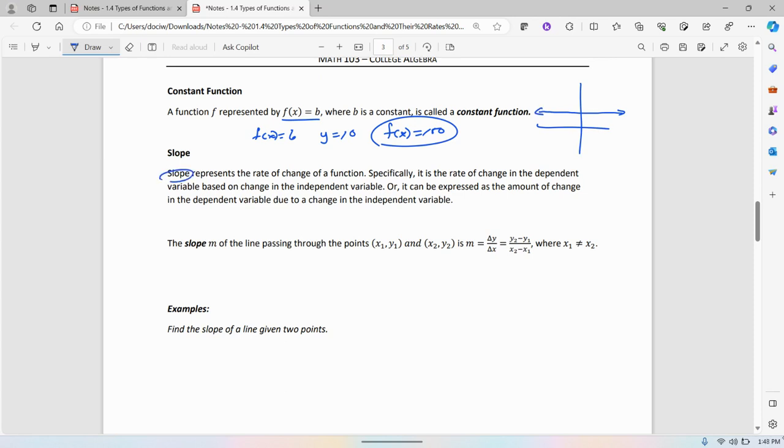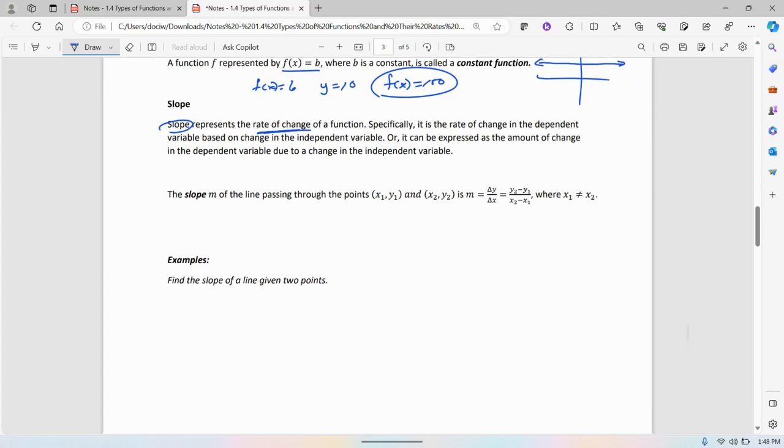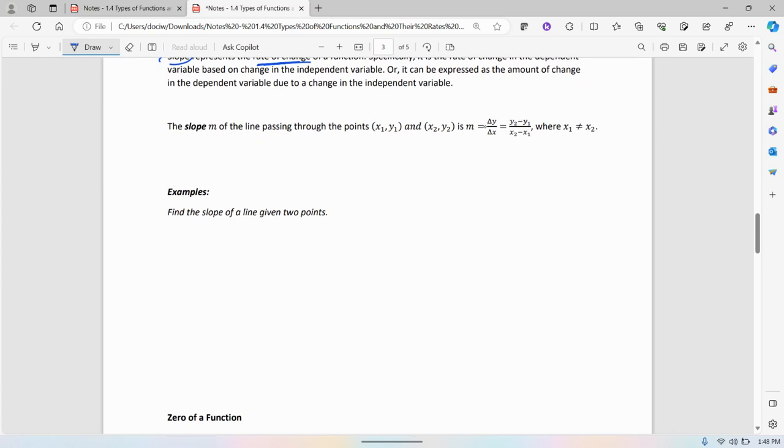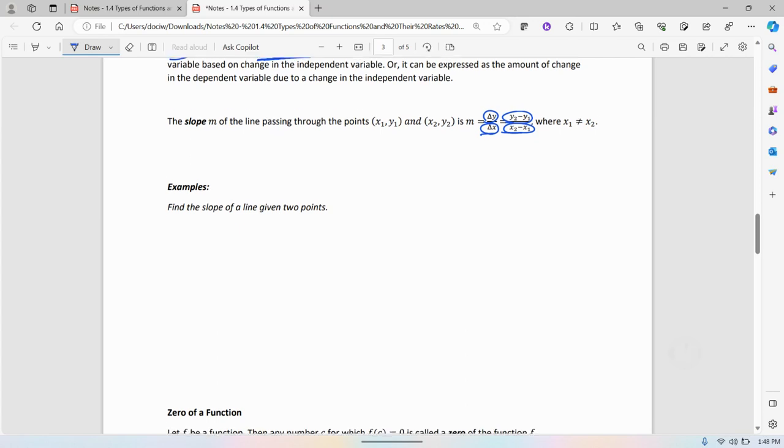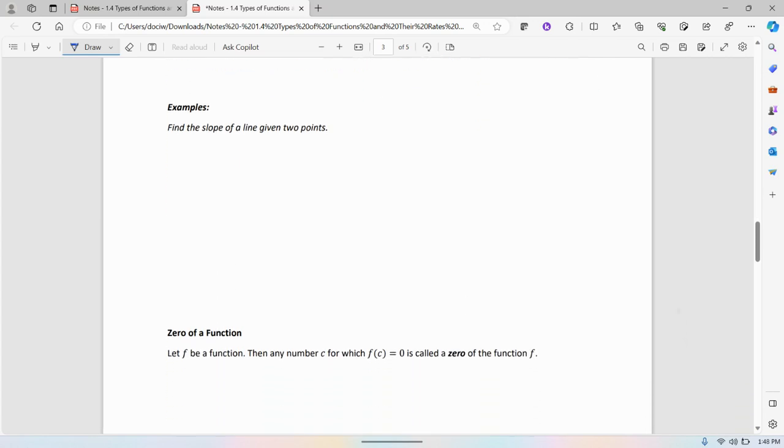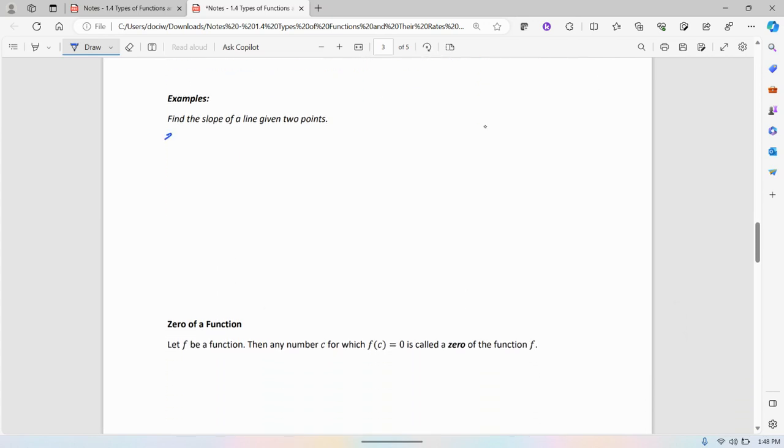Slope, as I mentioned to you before, is rate of change. We find that rate of change by looking at the change in the y value divided by the change in the x value. We find the change in y by subtracting the y values and the change in x by subtracting the x values. So let's suppose we have 2 points. Let's say we have (3, 10) and (7, 20).